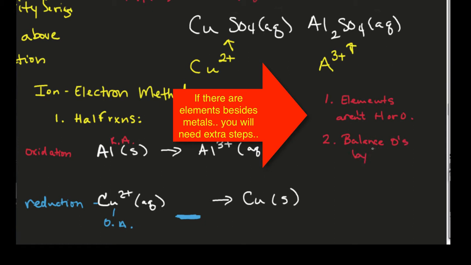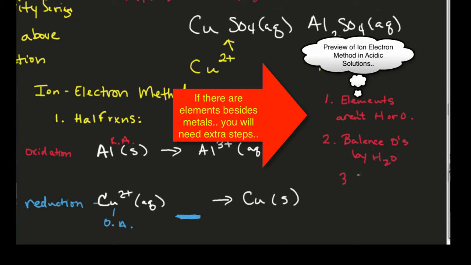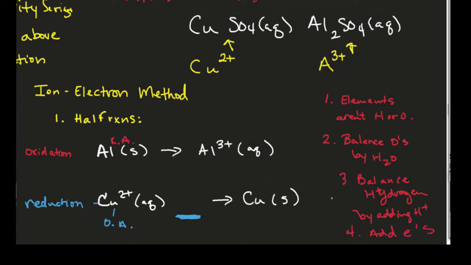This is for an acidic solution, if they were asking, okay? And then balance H pluses, or balance hydrogens by adding H pluses. Then you get to the electrons, for the charge. Now in this case, you'll see that there is no oxygens, there is no hydrogens, right?